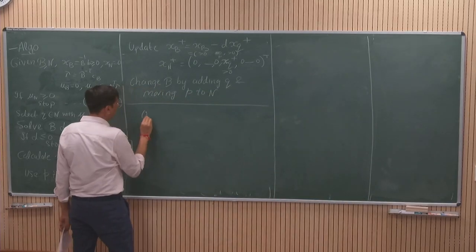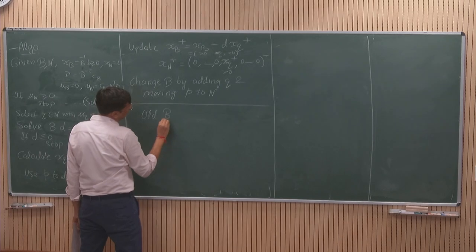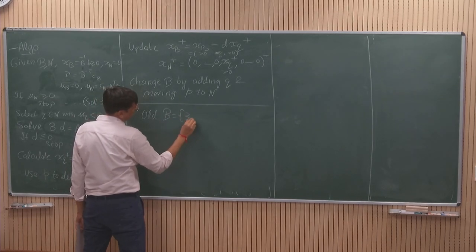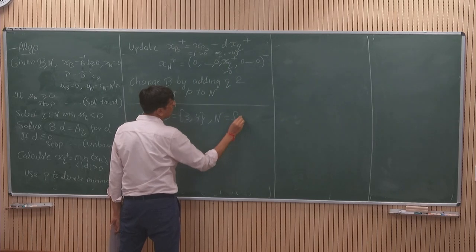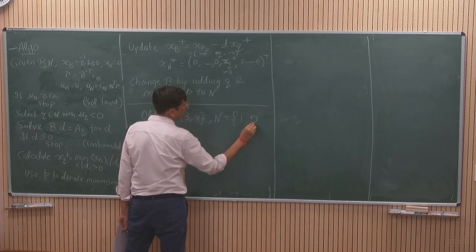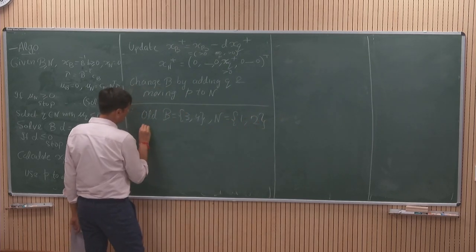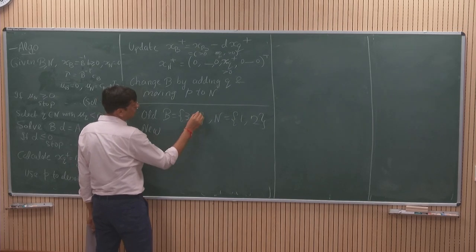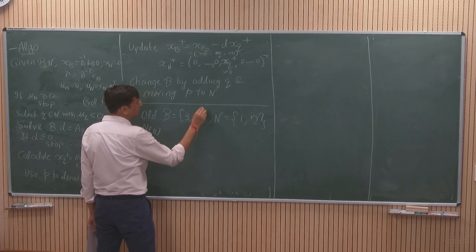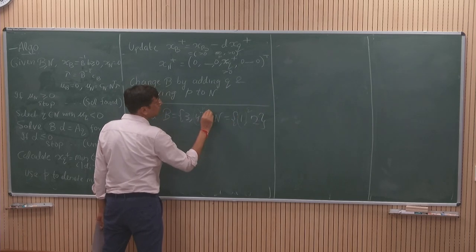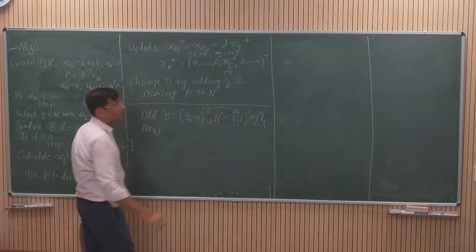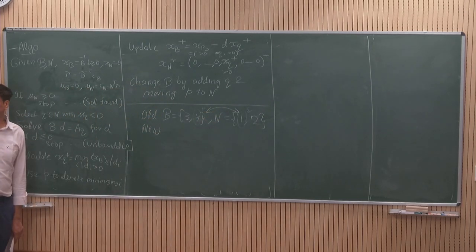So your old b was 3, 4 and your old n was 1, 2, and you took this to be your p and this to be q, so they will be swapped, correct?